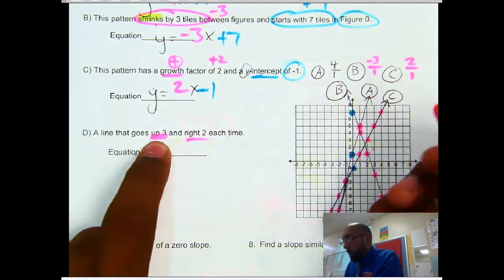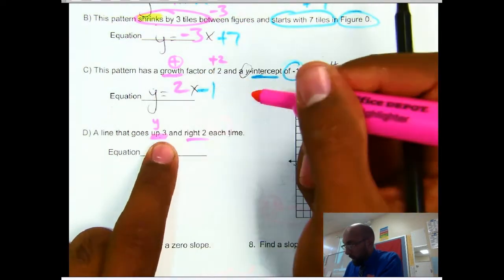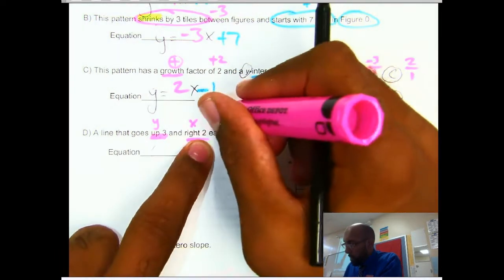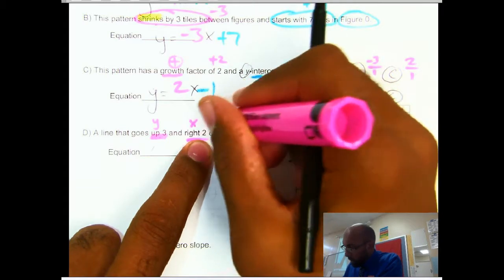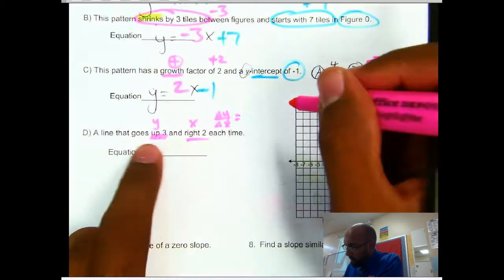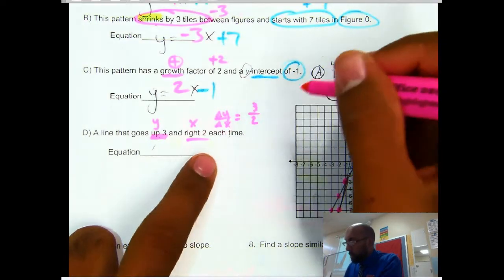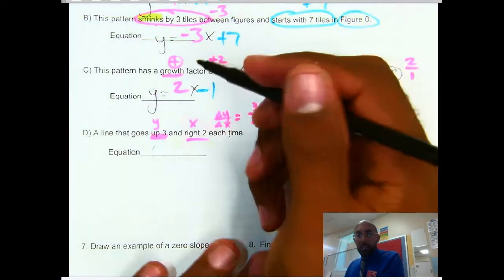Okay, well, remember, up or down is y, and right is x. And remember, slope is change in y over change in x. So the 3 goes on top, the 2 goes on the bottom, but it doesn't say the start.